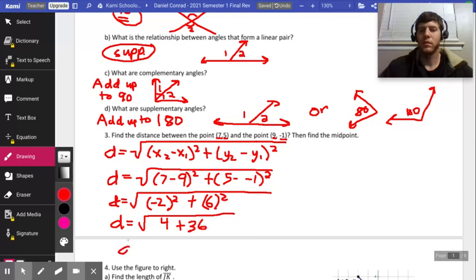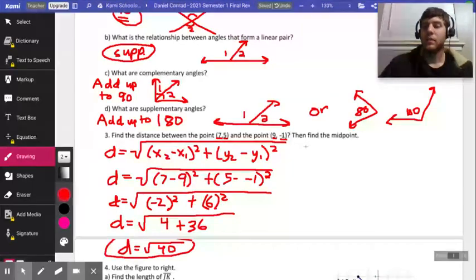So our answer here is going to be the square root of 40. If we need to define that as a decimal, we could put that in our calculators, and it would probably be about 6.2 or something like that. Okay, so there's our answer.